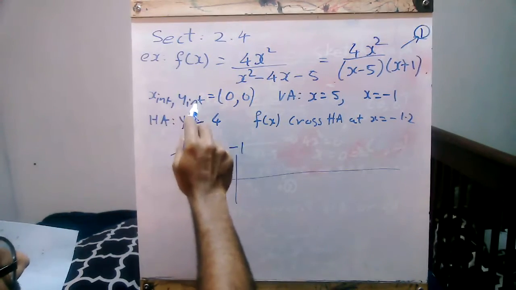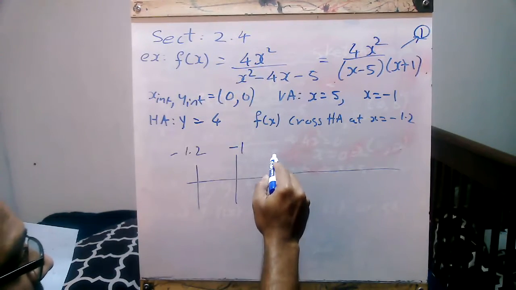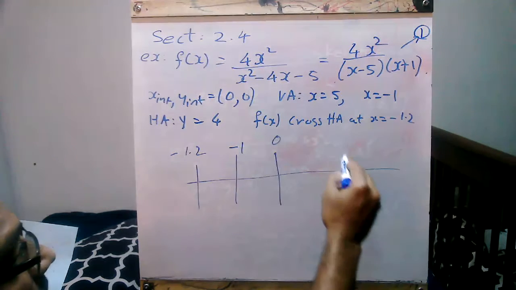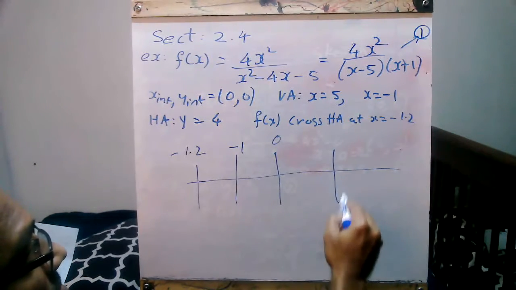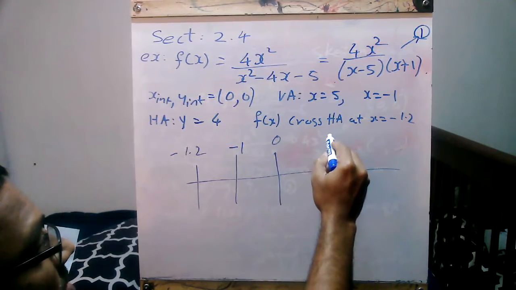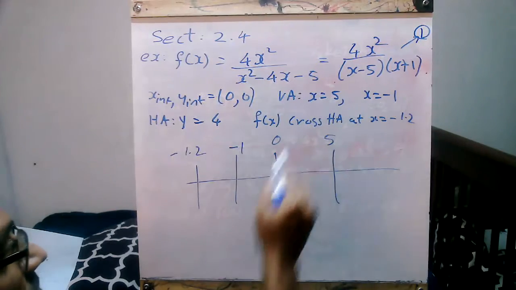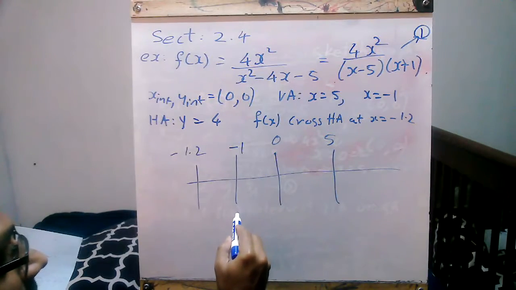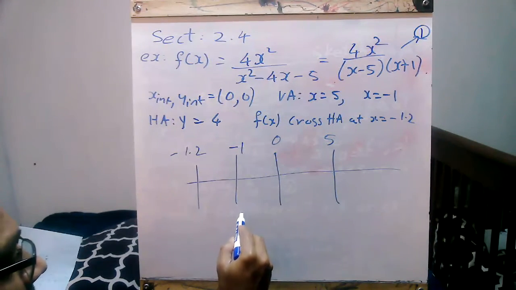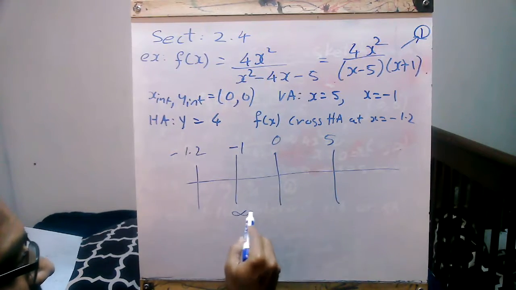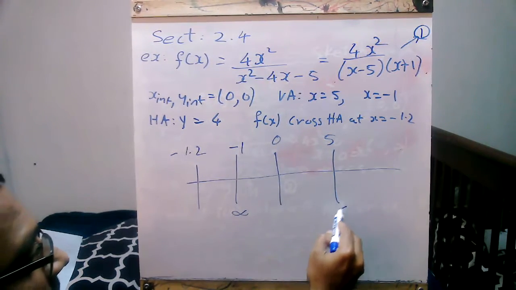The x and y intercepts are at 0. At negative 1 and 5, the y value is undefined; I write infinity in short.